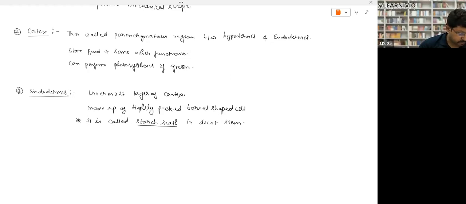Endodermis. In root, endodermis has Casparian strip.